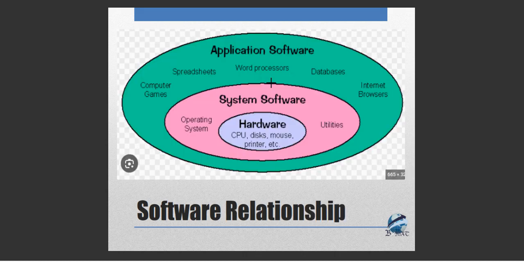So let's see the relationship between the software and the hardware. The first part is the hardware. If you look at this, the hardware is here. You get the hardware first. A system software is already pre-installed on the hardware, or you install it yourself, then you install the application software. If you are getting a system, a laptop for example, a laptop is a hardware.